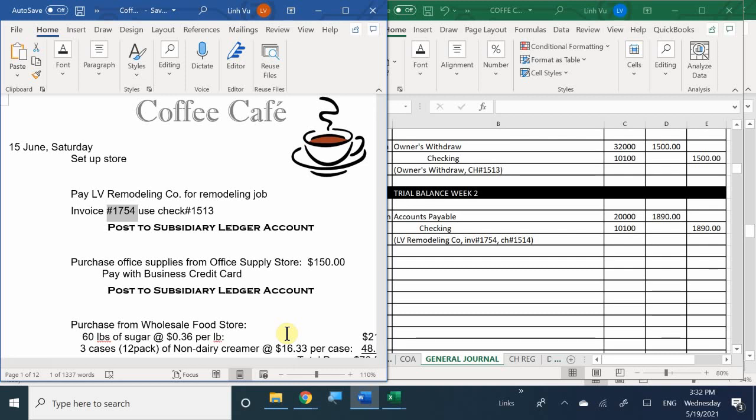So we acquired some more stuff. In this case, office supplies could be printer ink, printer paper, pens to write down any ideas, post-its, sticky notes, whatever you need, right? You got a grand total of $150 worth of office supplies.